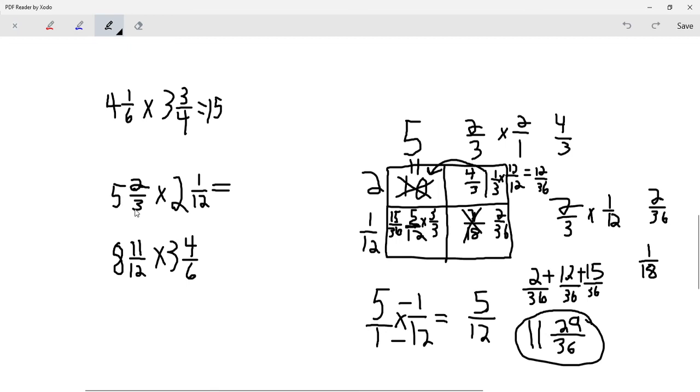And as I said, basically you have to pick your poison when you're multiplying mixed numbers.